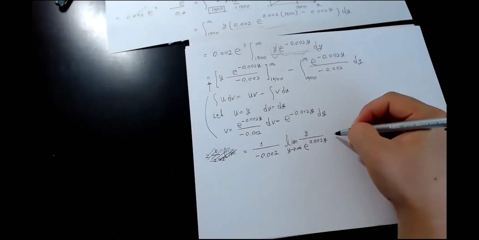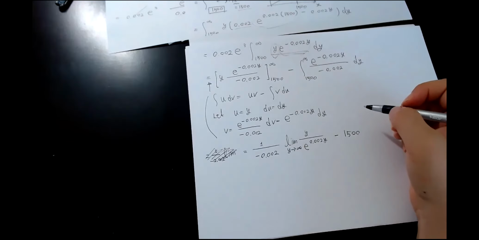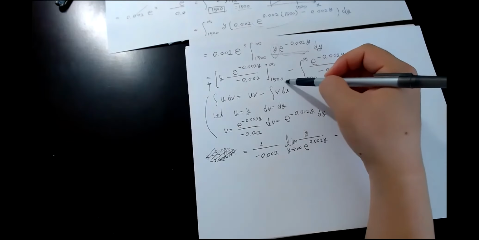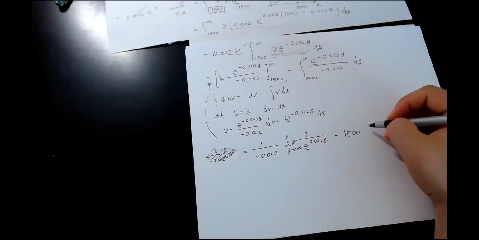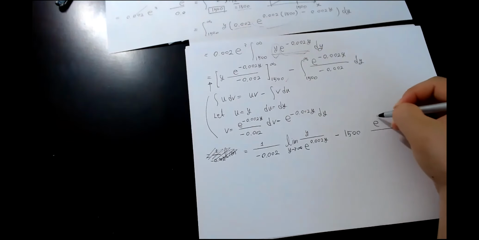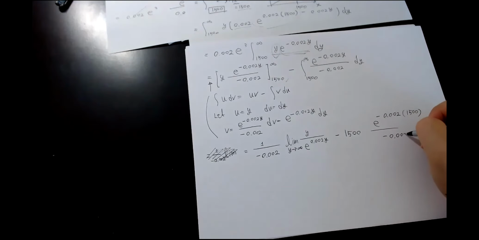And then minus 1500, because I just plug 1500 into y. So we get e to the minus 0.002 times 1500 over minus 0.002.